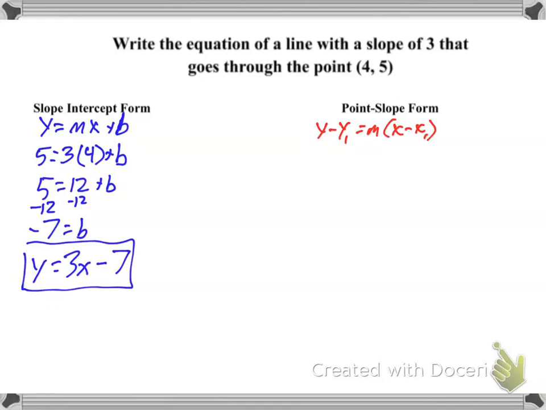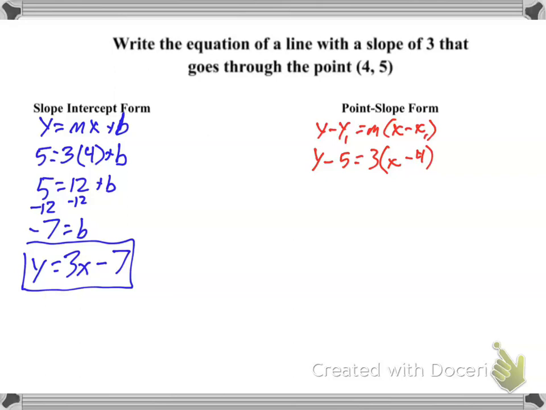All right. Now I'm going to do this with point-slope form. So this time when I plug in, I'm going to leave y and x where they are. I'm plugging in for y1 and x1. So I have y minus y1, which is 5, equals, m is still slope, so 3, times x minus x1, which is 4. All right.